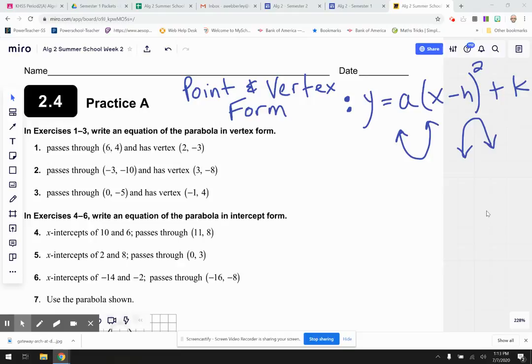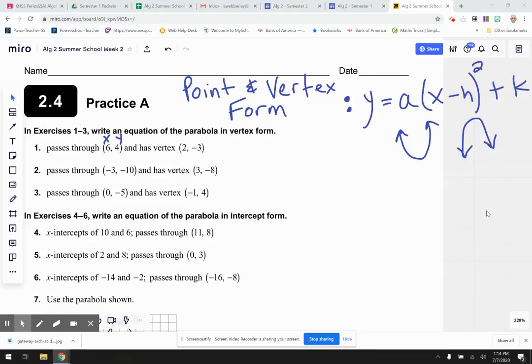So what we want to do is see if we can make an equation if we only have two pieces. If we have a point and we have a vertex, could we actually come up with an equation? So let's go ahead and try that. Let me show you how it works. Now, any point on the graph represents an x and a y value. So your 6 is x and your y is 4.